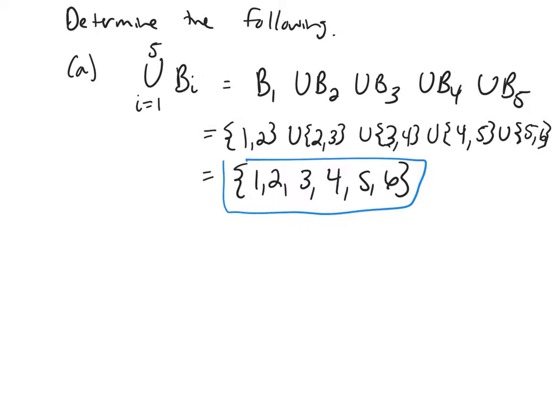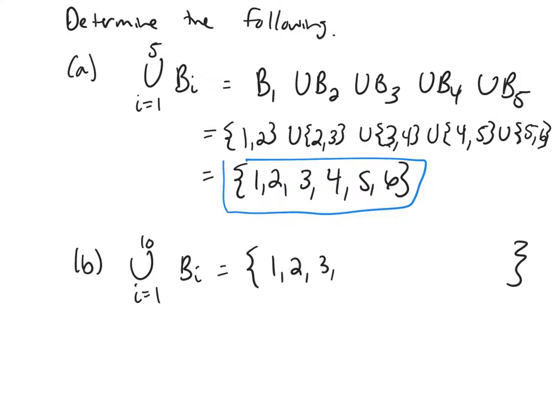Let's look at another one. The union from i equals 1 to 10 of Bi. Take a minute and maybe pause this video if you want and fill in what you think this is equal to. It's going to be the set {1, 2, 3, 4, 5, 6, 7, 8, 9, 10, 11}.